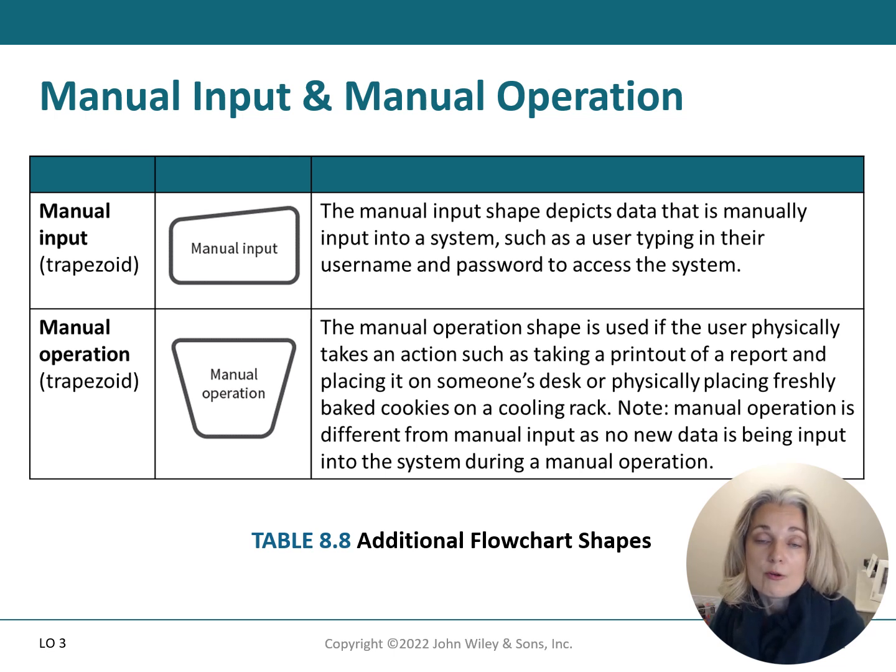And our manual operation shape is used if the user physically takes an action, such as taking a printout of a report and placing it on someone's desk, or physically placing freshly baked cookies on a cooling rack if we are documenting a baking process.